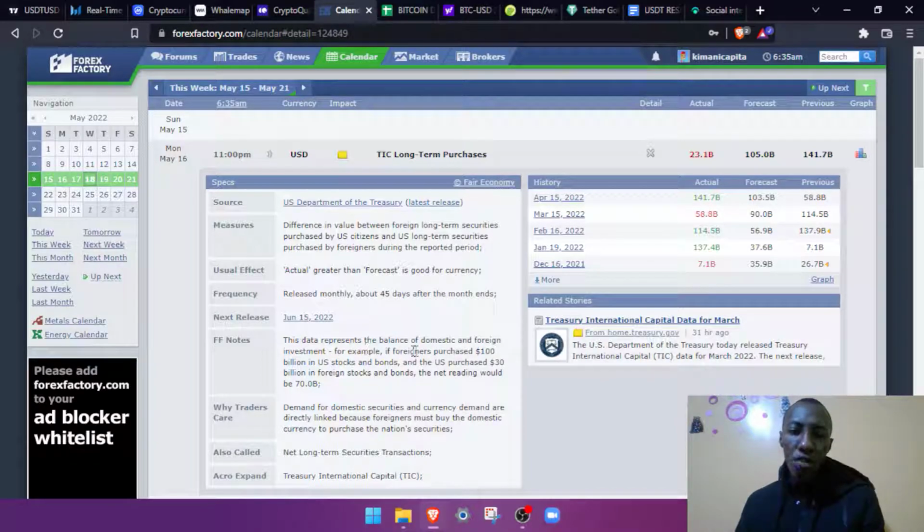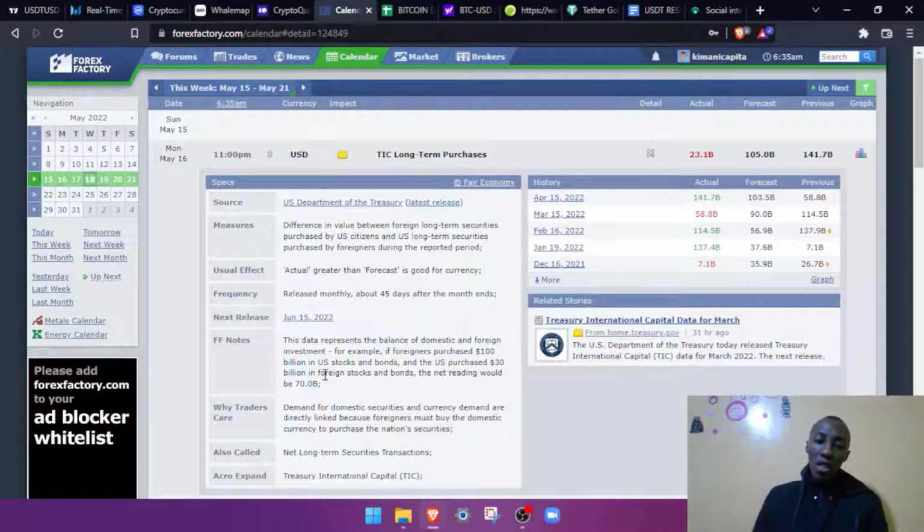For example, if foreigners have purchased 100 billion worth of US stocks and bonds, and then the US citizens have purchased 30 billion dollars in foreign stocks and bonds, the net reading would be 70 billion.